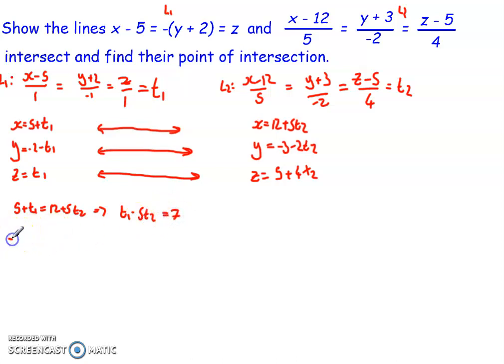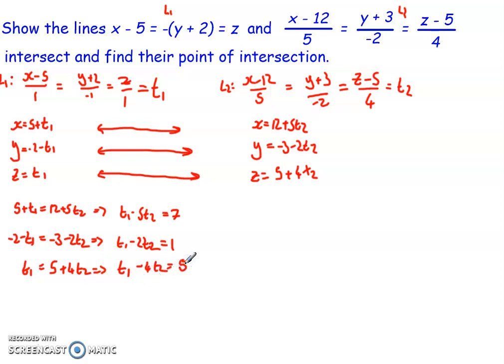If I looked at the y's, I'd have negative 2 minus t1 equals negative 3 minus 2t2. Rearrange it, and I'd end up getting t1 minus 2t2 equals 1. And then do the same for my z. So I've got t1 is equal to 5 plus 4t2, so t1 minus 4t2 is equal to 5.